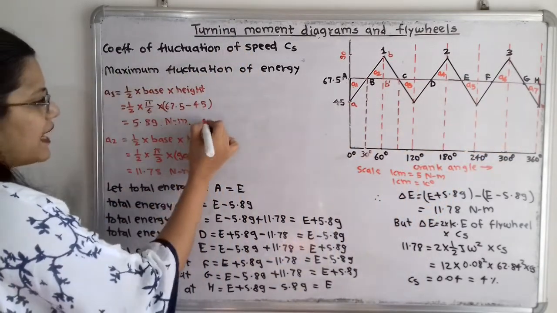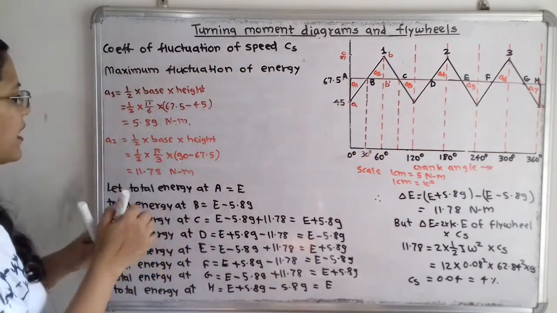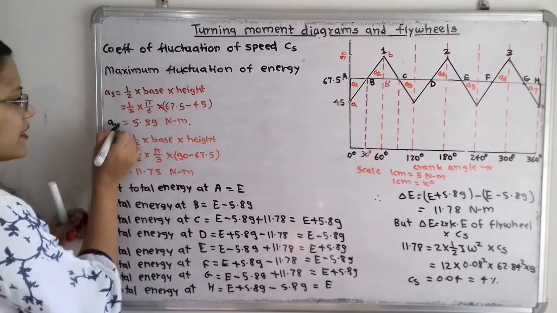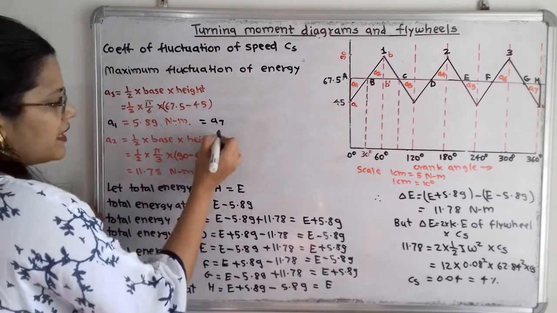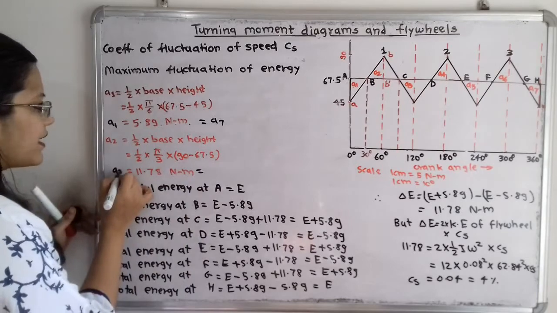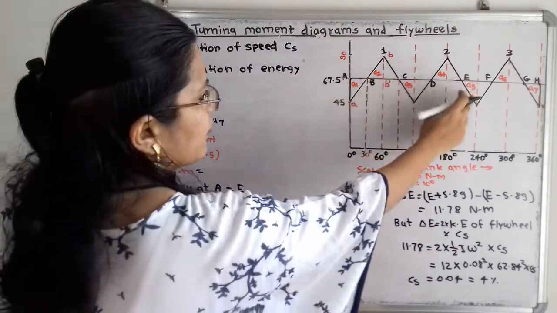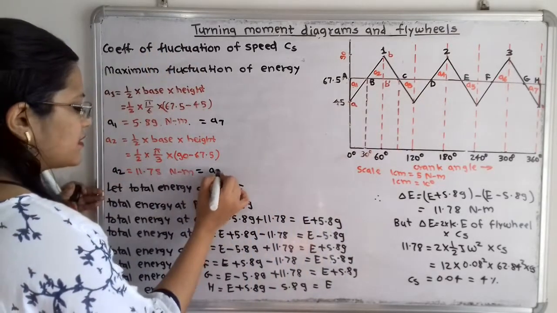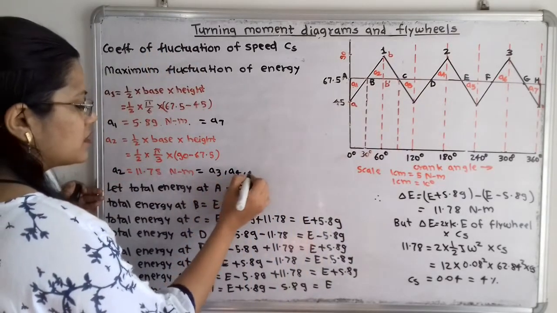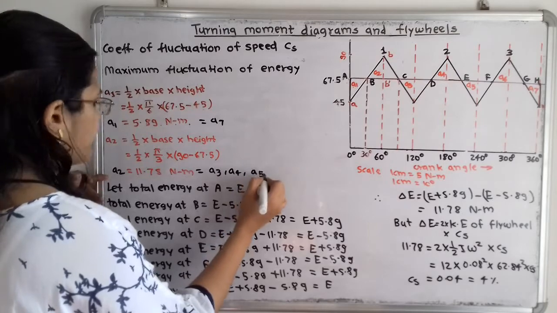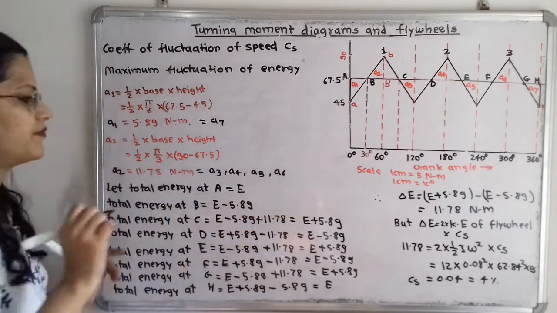So I will say that here this area A1 is equal to 5.89 Newton meter, which is equal to area A7, and here area A2 is equal to A3, A4, A5, A6.